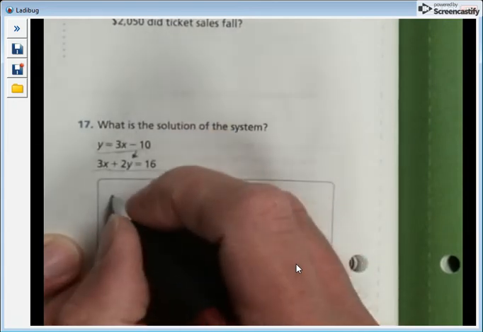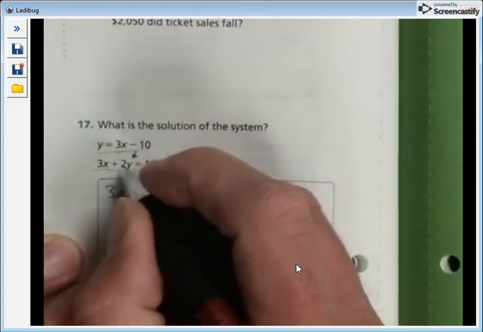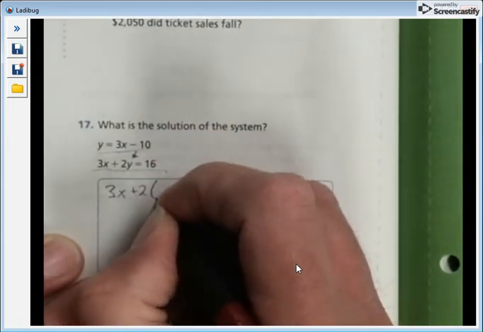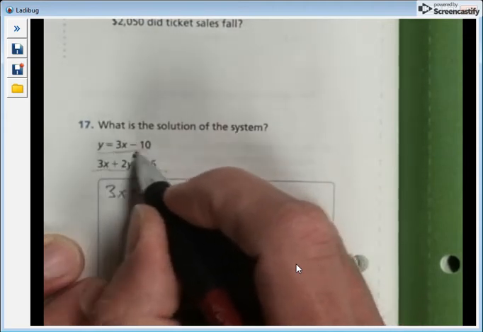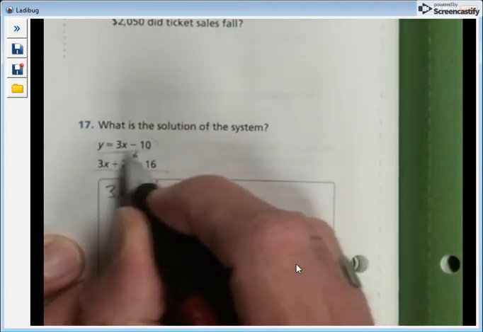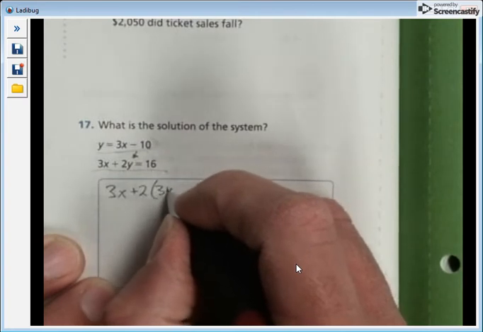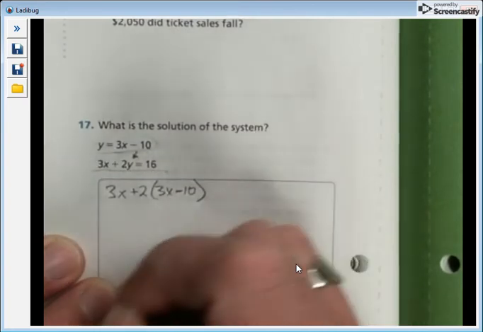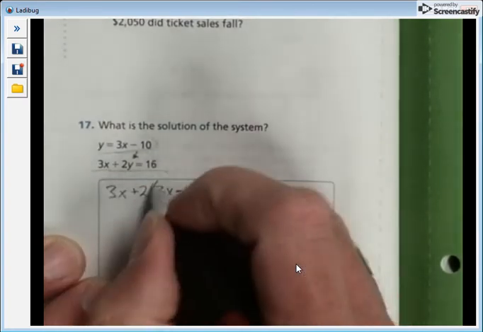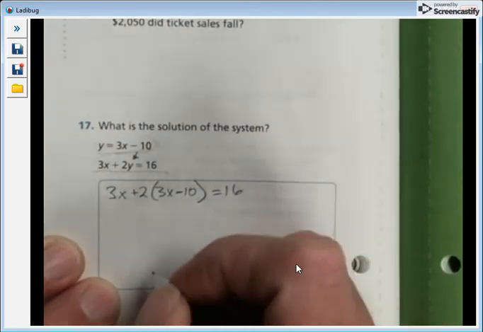All right, so 3x plus 2 times, and again, I'm replacing this y with this expression, 3x minus 10. So I put it in parentheses, equals 16.